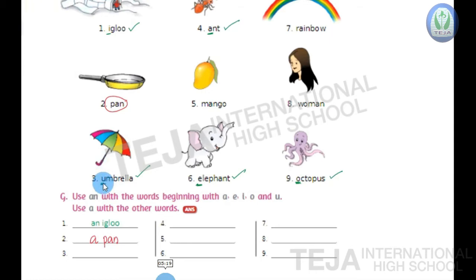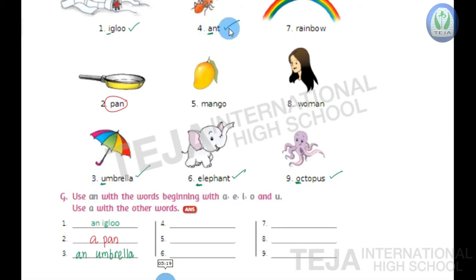Now next, U is there, umbrella. The starting letter is U. So U is a vowel. That's why write an umbrella. An umbrella in the blank. Okay. Now next, fourth word, children, ant. A is a vowel.